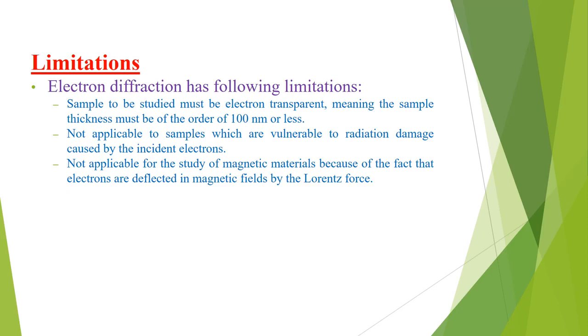And this technique is not applicable to samples which are vulnerable to radiation damage caused by the incident electrons. It is also not applicable for the study of magnetic materials because electrons are deflected in a magnetic field by the Lorentz force.